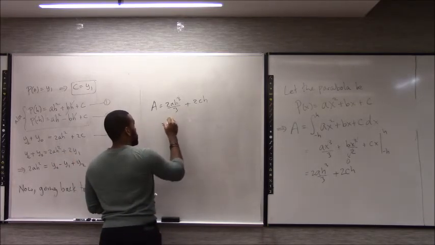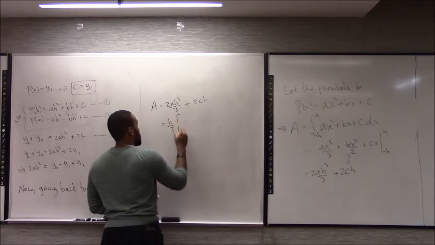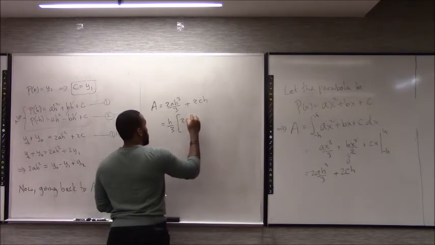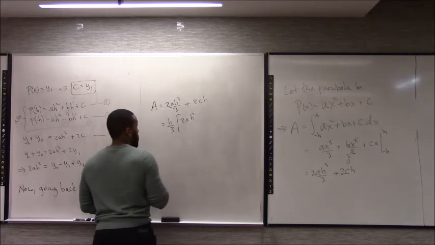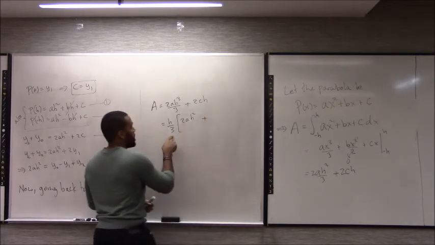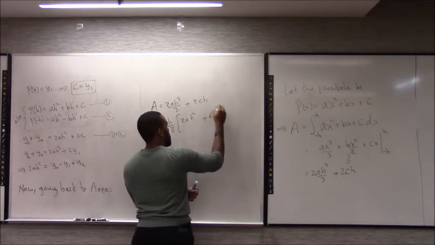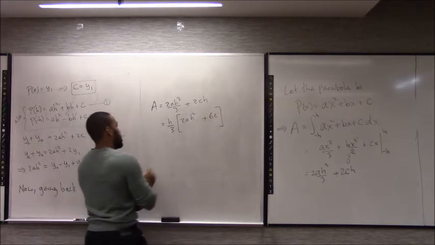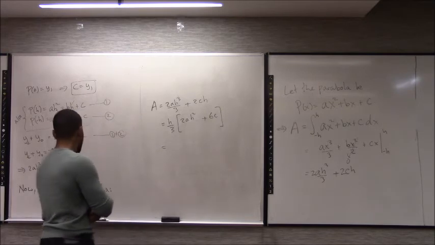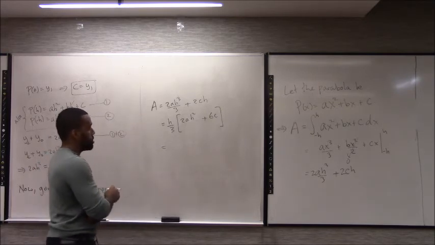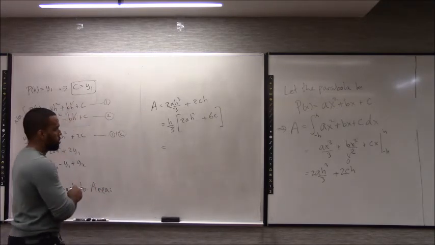So what I'm going to do is factor out h over 3. That will leave me with a 2ah squared. And then by factoring out the h over 3 over here as well, I would end up with 6c. Right? That looks right.